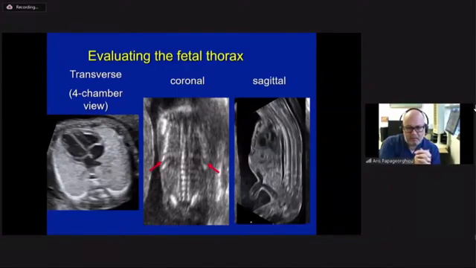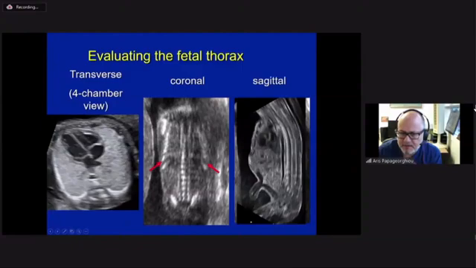If you look at that coronal view, you can see a nice normal and smooth outward bending chest wall. And in the sagittal view, people often worry, and it can be a little bit more difficult because you often have this little ridge here where you see the abdomen sticking out more than the chest.